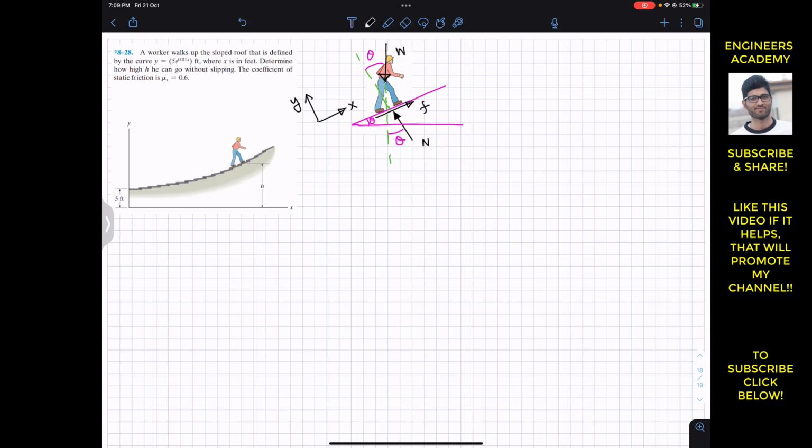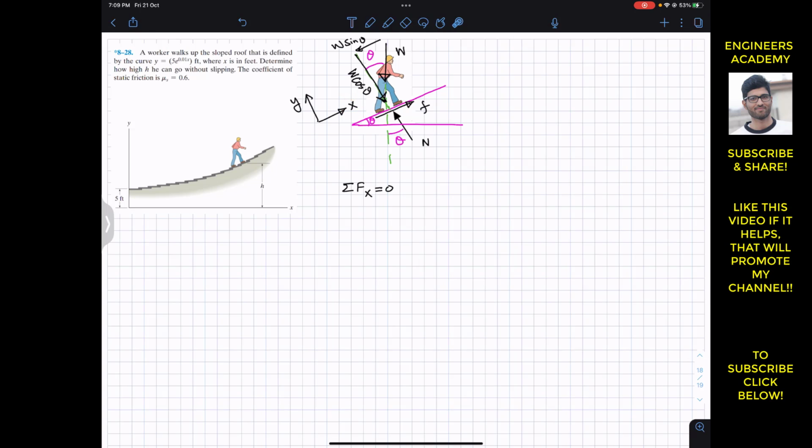Now if I apply the summation of forces along x equal to 0, we need to resolve this weight. The weight will have two components, one in this direction and one in this direction. This component is W cos theta, and this one is W sine theta. Now, applying the summation of forces along x, this friction force is acting in the positive x direction.